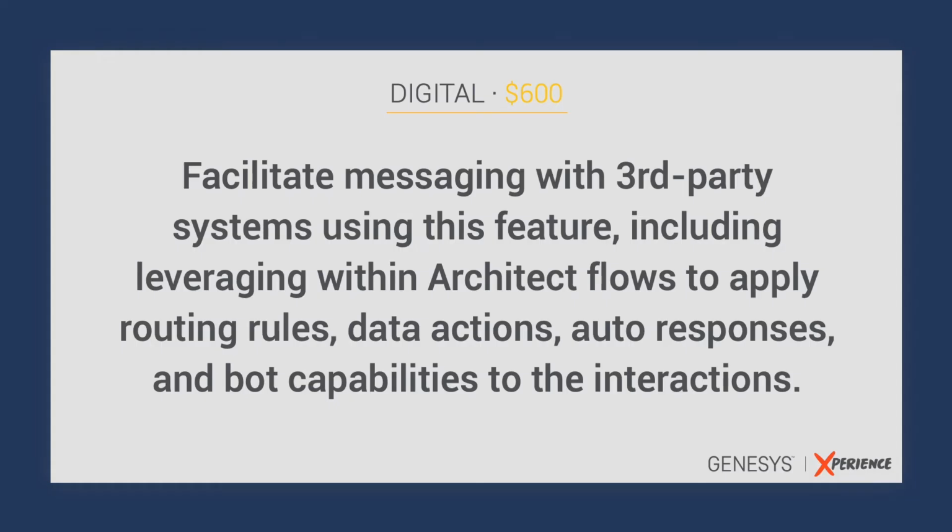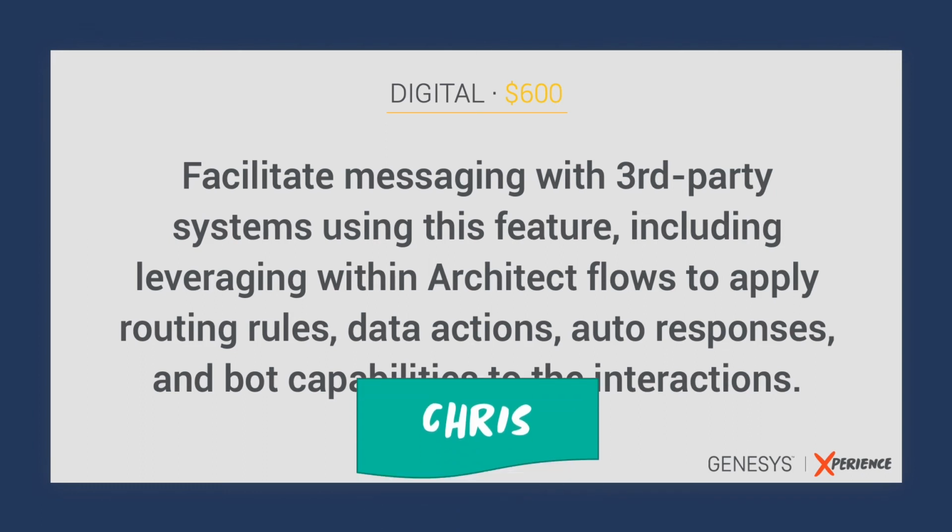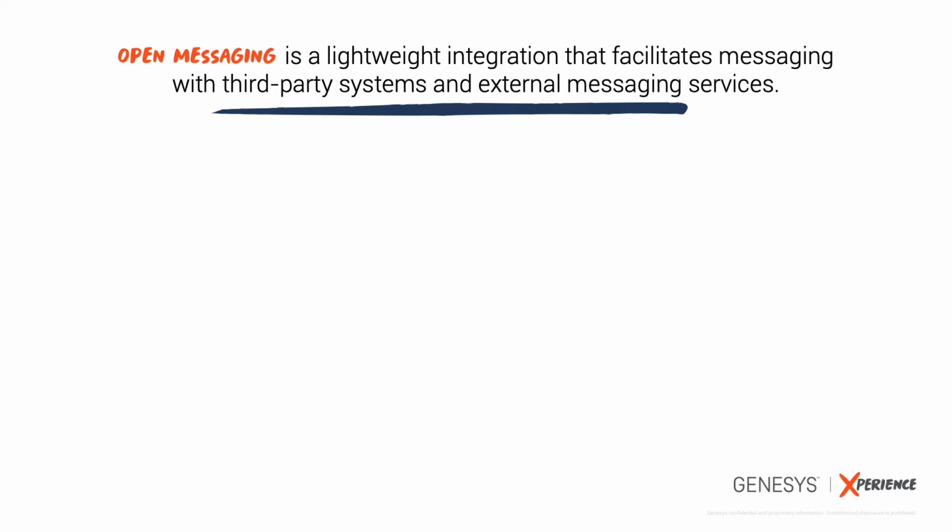Awesome. Facilitate messaging with third-party systems using this feature, including leveraging within architect flows to apply routing rules, data actions, auto responses, and bot capabilities to the interactions. What are open messaging APIs? Using our new open messaging APIs, you can now integrate third-party messaging systems. With these APIs, you can leverage Genesys Cloud's asynchronous ACD capabilities to route inbound open messages to the right queues and agents.